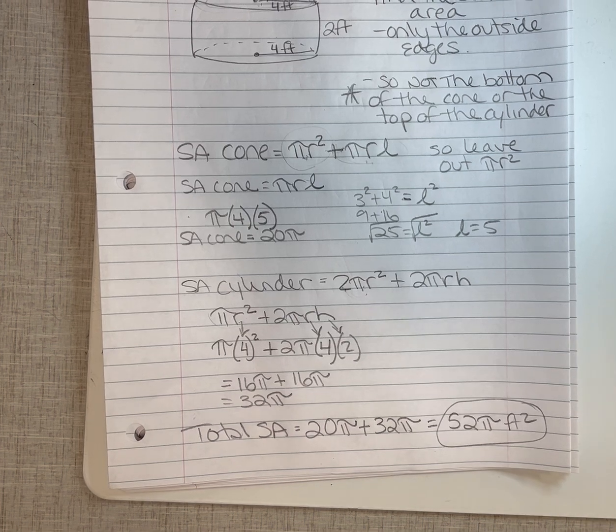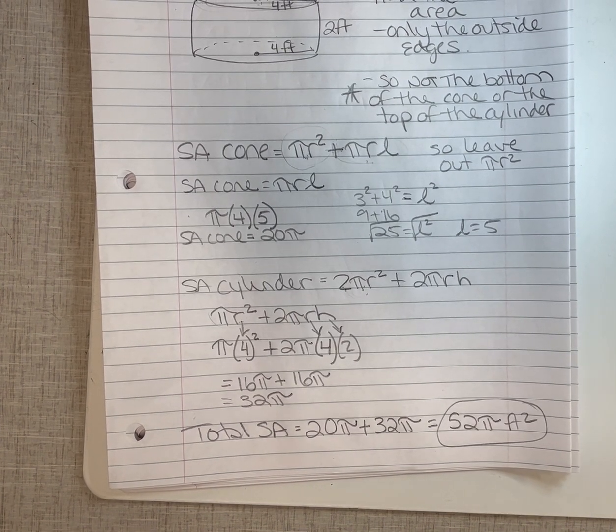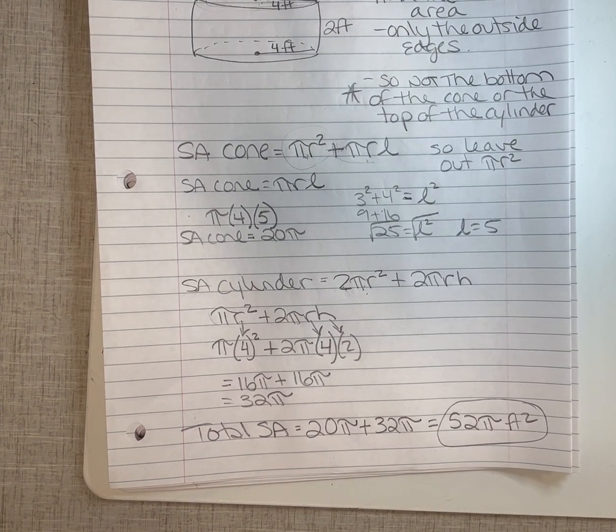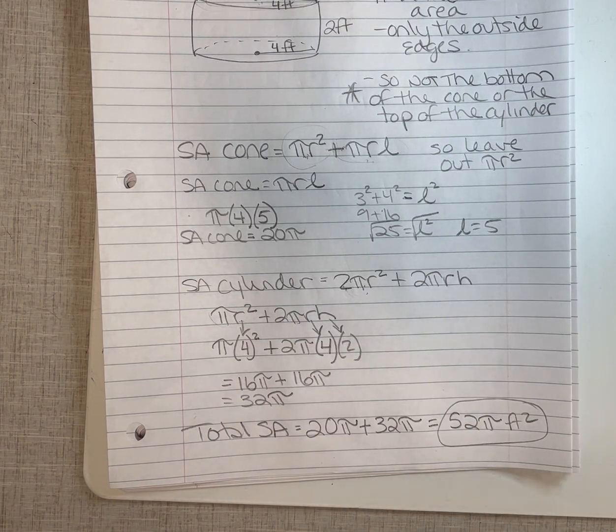Okay, so main thing, just use the formula for the different shapes that have been put together, but you got to make sure you don't include any of the surfaces that are being touched.